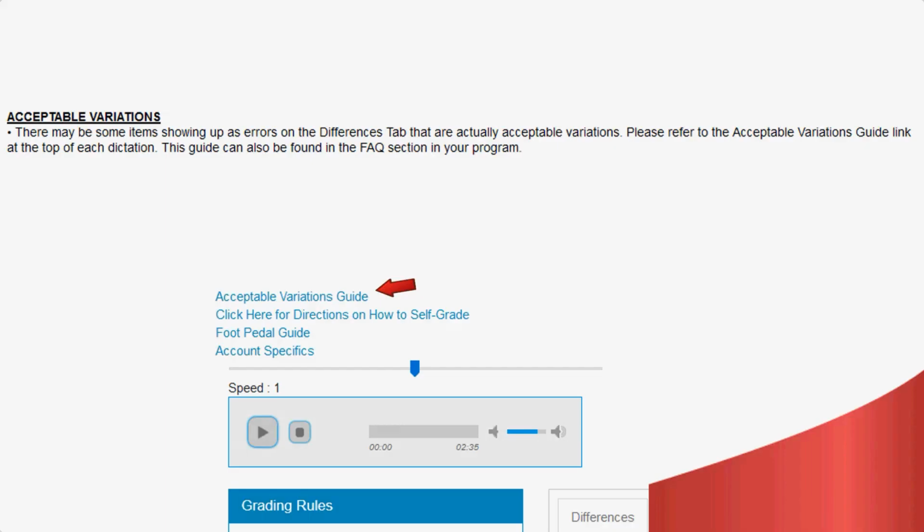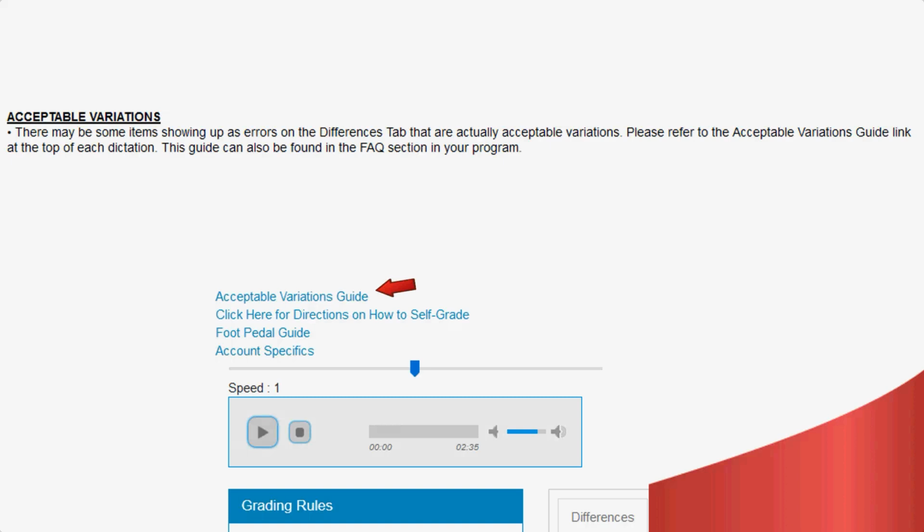Okay, acceptable variations. All right, there may be some items showing up as errors on the differences tab that are actually acceptable variations. So when you see your merged key, there might be some stuff that's showing as an error, but it's actually fine. So please refer to the Acceptable Variations Guide link at the top of each dictation.